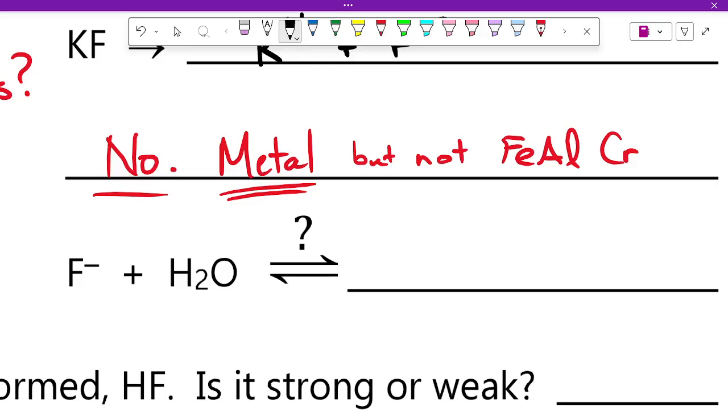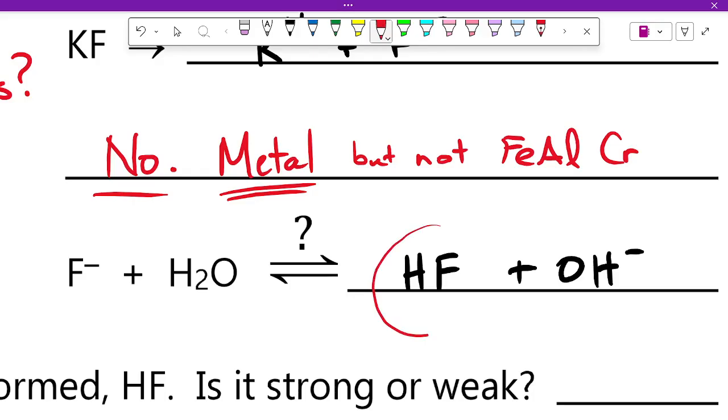Who do we get as products? HF plus OH-. That's the only thing it can do. Fluoride cannot donate a proton, so that's what we get.